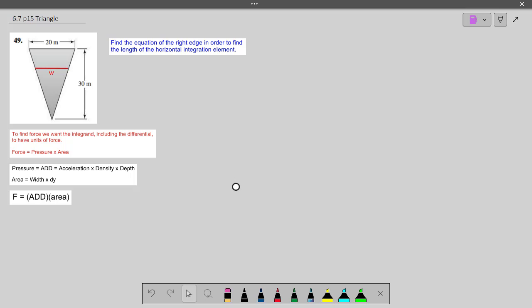So here, same context. We've got this wall. There's going to be water pressing on it, and we want to know the total force on it. So once again, our integral that we set up in order to find this force is going to be an ADD times area.